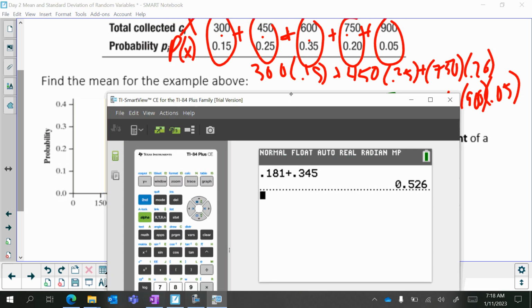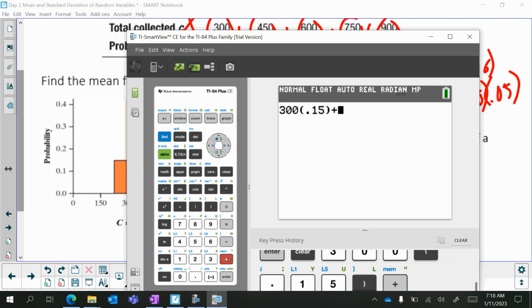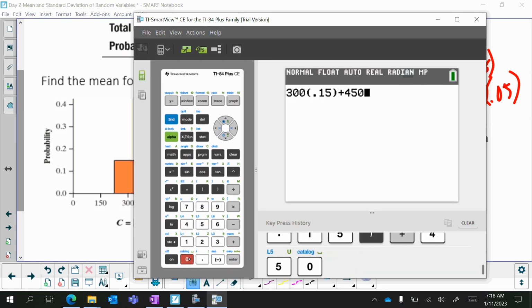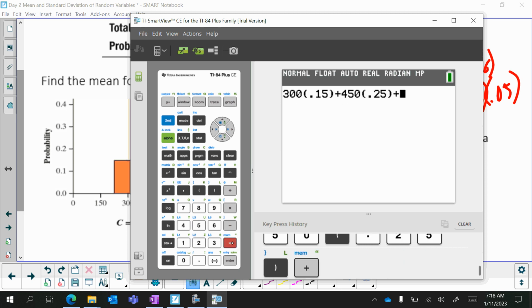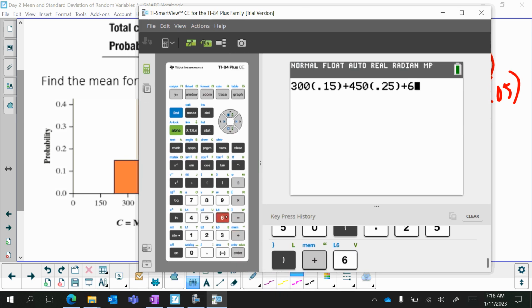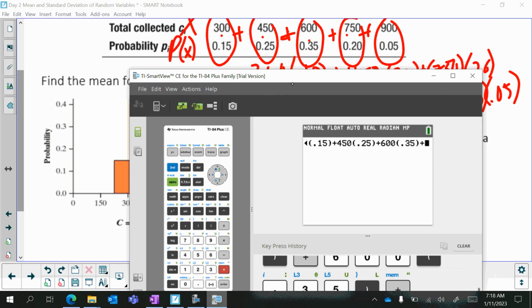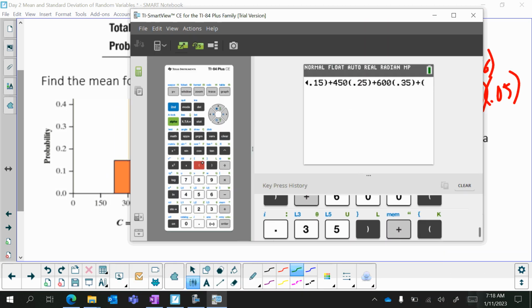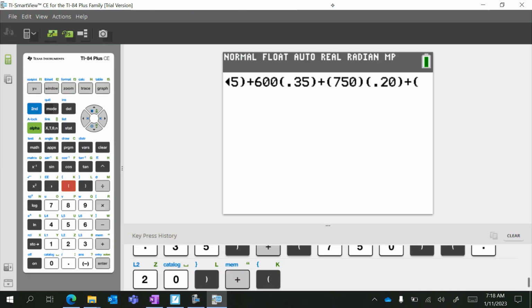Okay, so we're going to do 300 times 0.5 plus 450 times 0.25 plus 600 times 0.35 plus 750 times 0.20 plus, last one, 900 times 0.05.